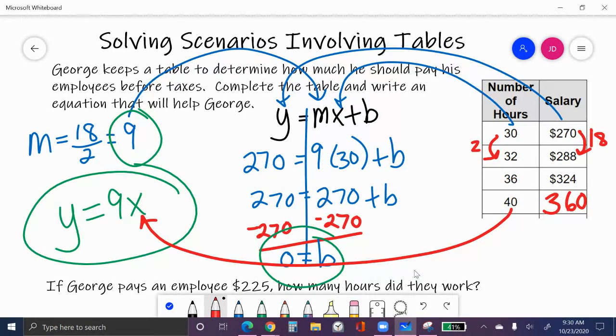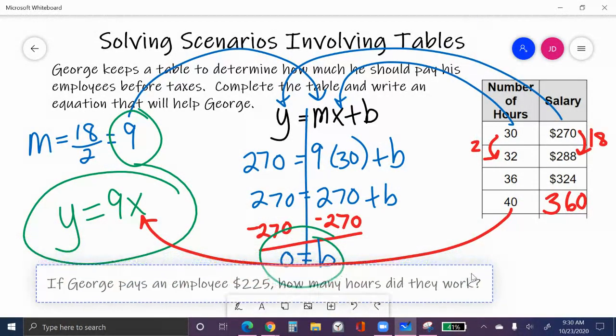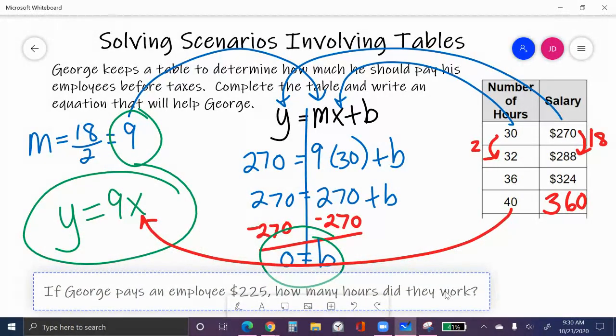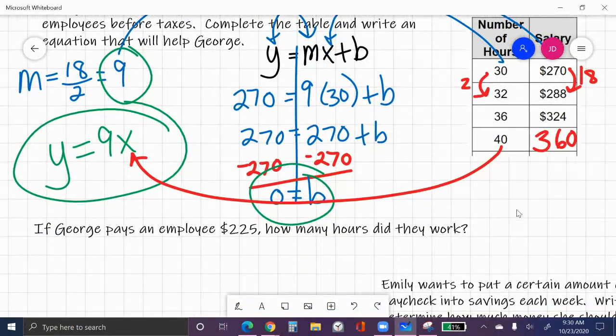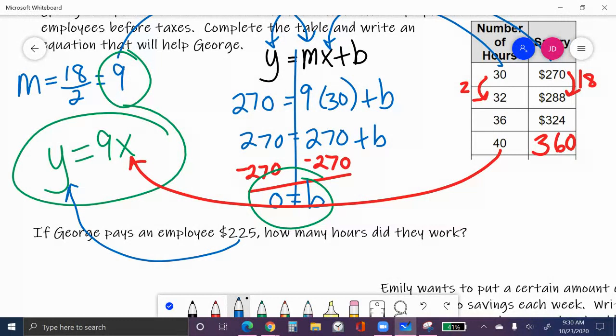So in this case, I would give myself a little bit of room here. How about if George pays an employee $225, again, the salary is your y values. So you would plug that in for y into your function rule, and you have 225 equals 9x.